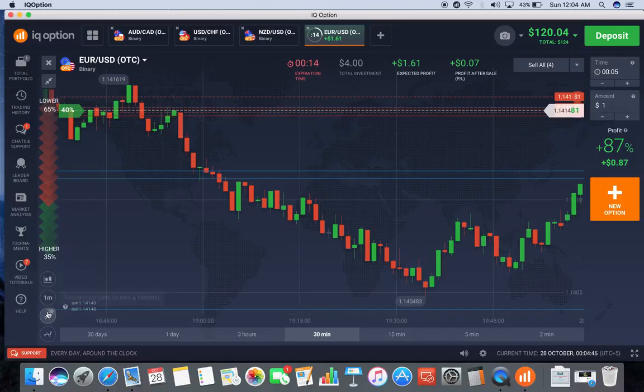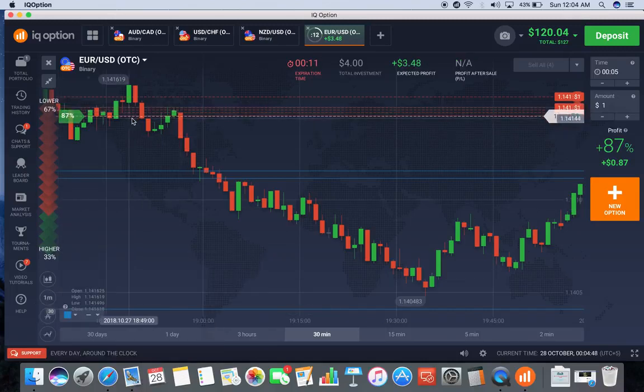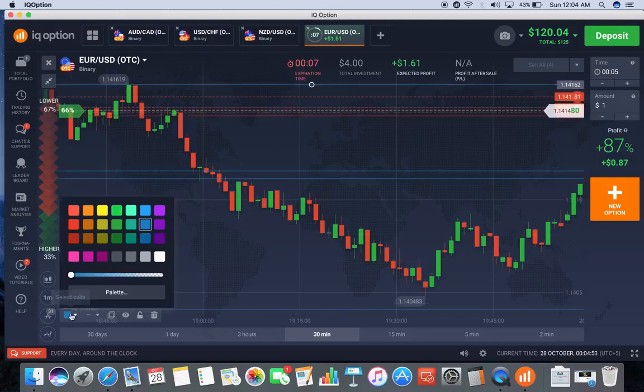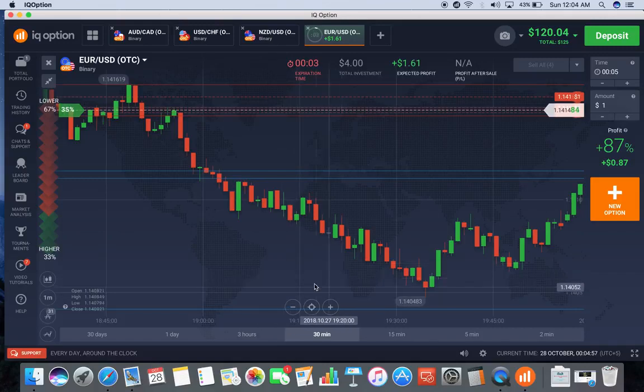Alright, so this whole area is a supply level. This is this line, and you can combine these two supply levels. That's why the price was able to go that much above.